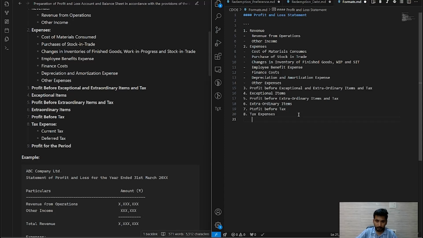Now the tax expenses also have current tax and deferred tax. And after that, the entire amount will be the profit for the period.